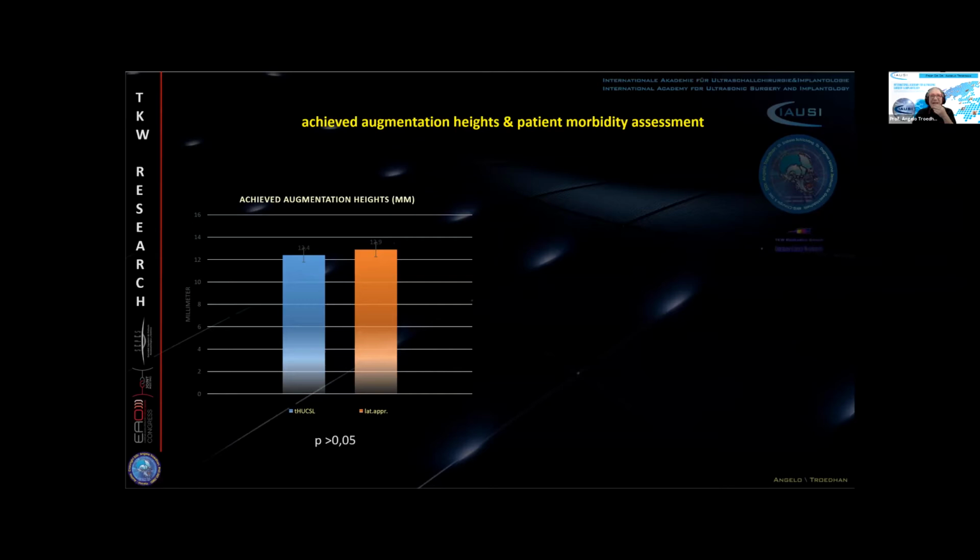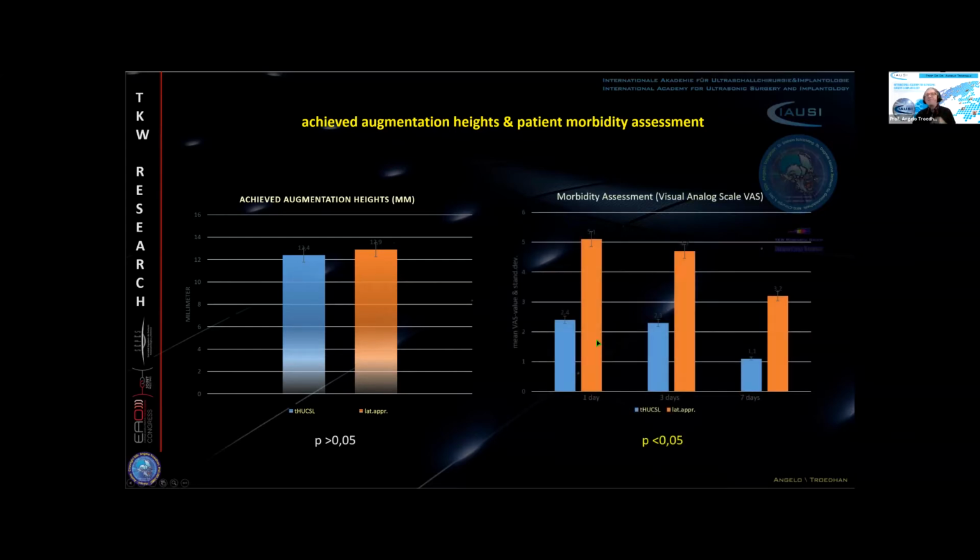What was the result of the study? When we speak of the achieved augmentation heights, that means the volume that is preserved to later receive the implants, there is no significant difference between the traumatic lateral approach and the minimally invasive atraumatic INTRALIFT.